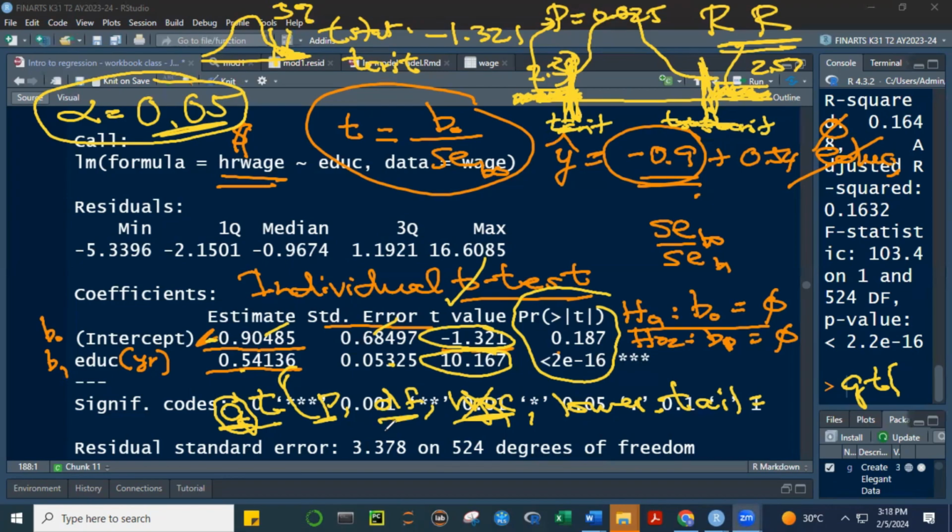Diniscuss na natin yan. Degree of freedom is equal to n minus k minus 1, where k is your number of predictors. Ilan ang n, class? How many observations do we have?